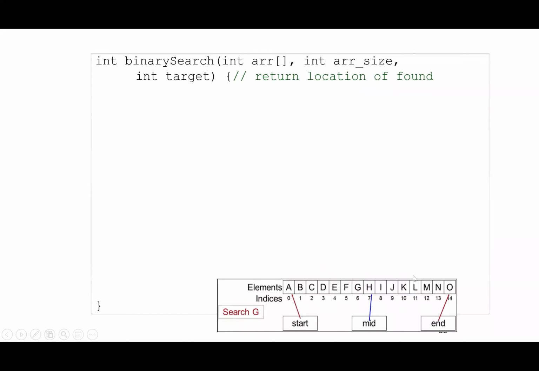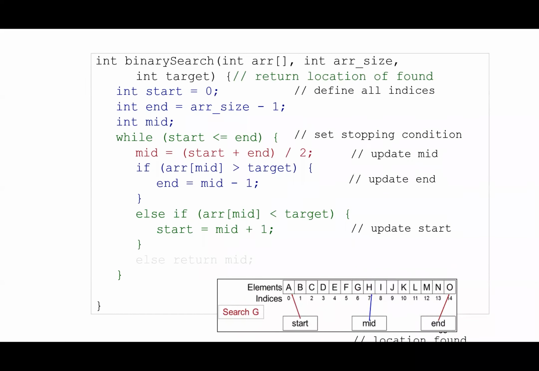So how do we implement this binary search? When I perform the binary search, I pass in my array, the size of the array, and also the target value. I need these variables: start, end and mid.